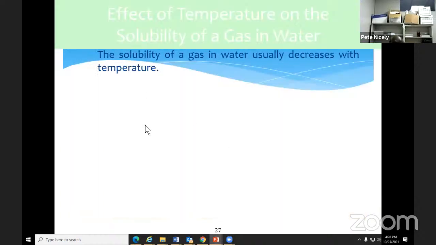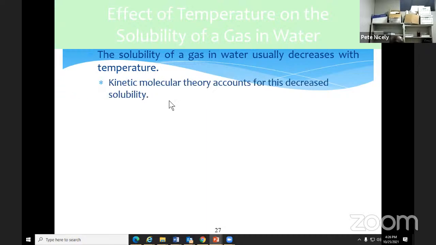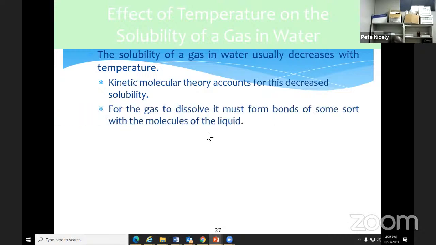So as we said before, as I explained in the chart with the two gases, what you'll find is that the solubility of a gas in water usually decreases with temperature, right? And we can explain this using the kinetic molecular theory. Basically, what the kinetic molecular theory says is that for the gas to dissolve, it must form some strong association with the molecules of a liquid.